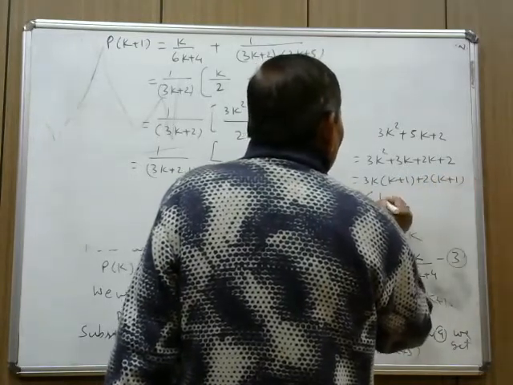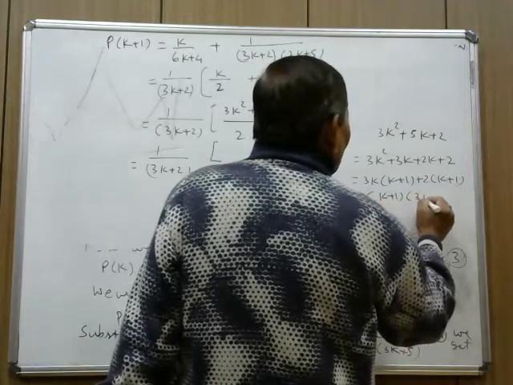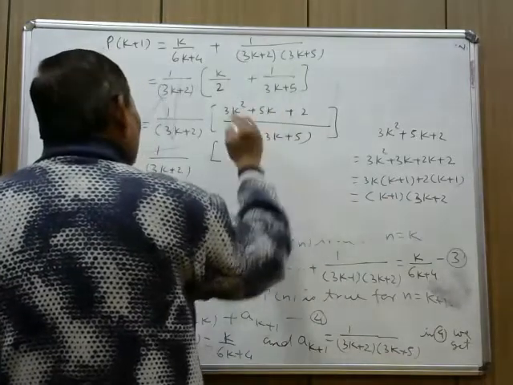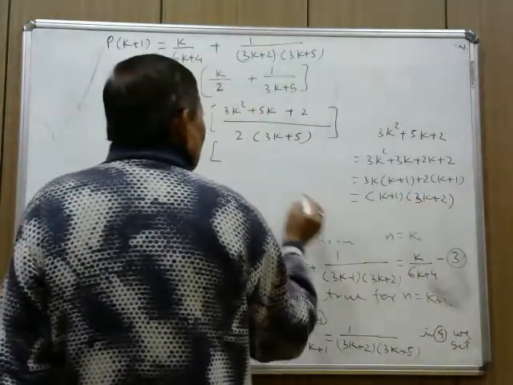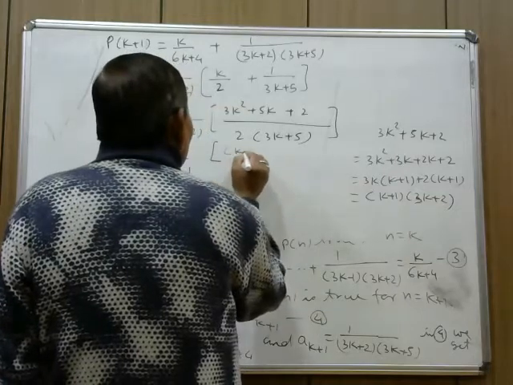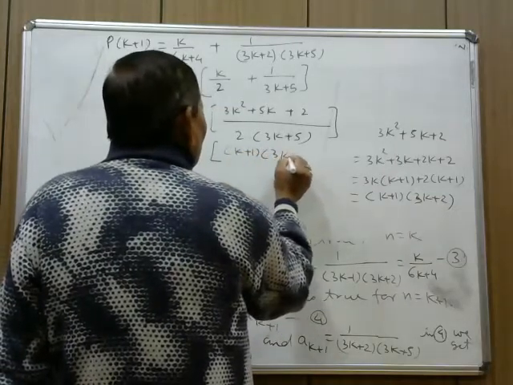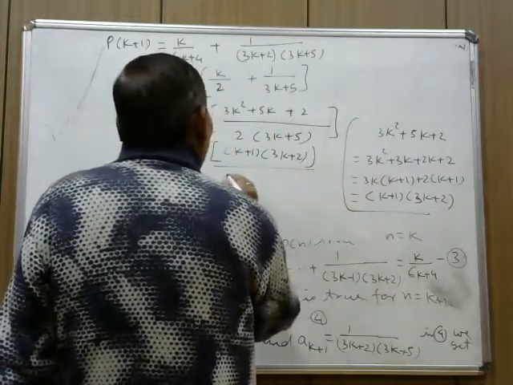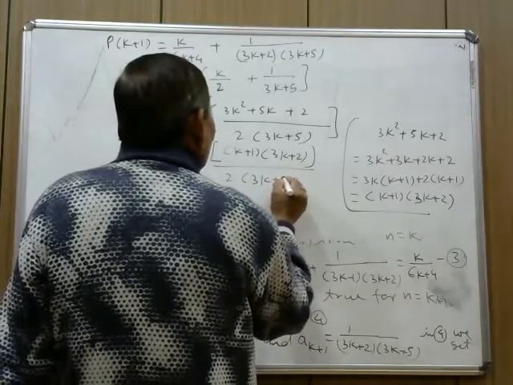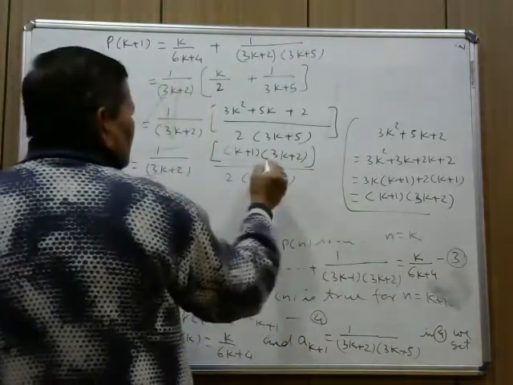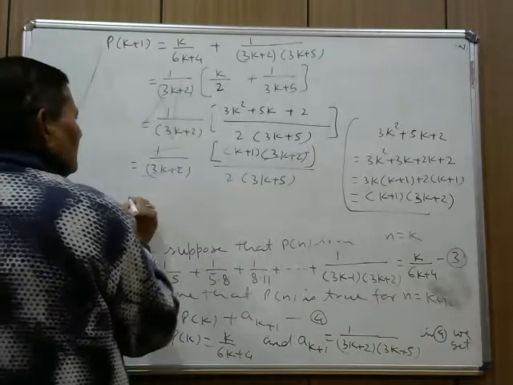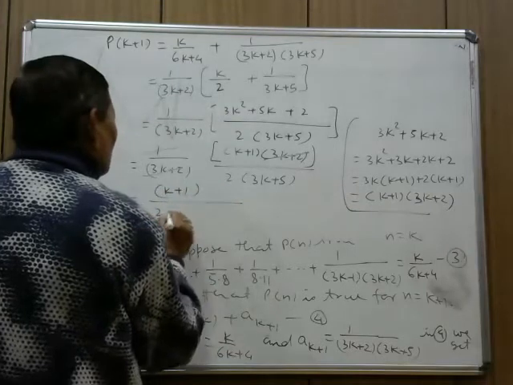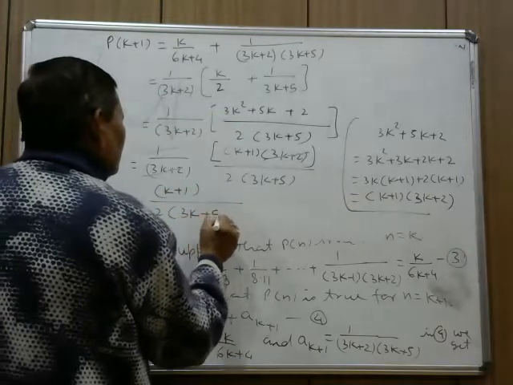So your factor is (k plus 1)(3k plus 2). So you can write (k plus 1)(3k plus 2) upon 2 into 3k plus 5. So this 3k plus 2 and this 3k plus 2 will be cancelled. So it is k plus 1 upon 2 into 3k plus 5.